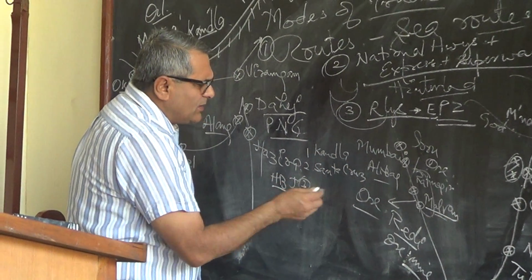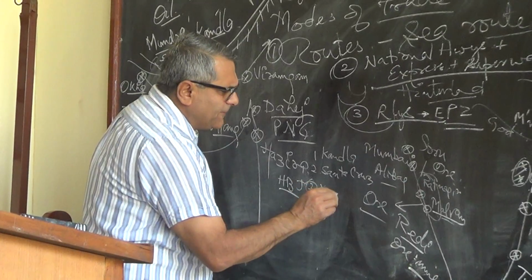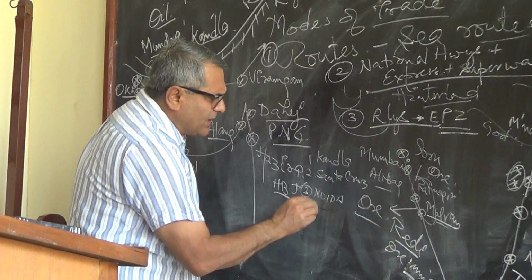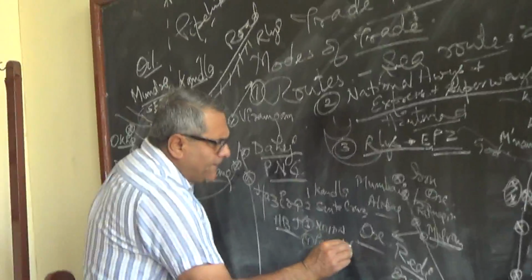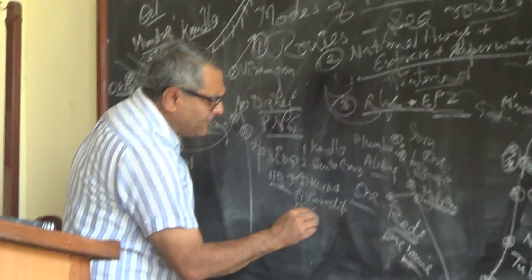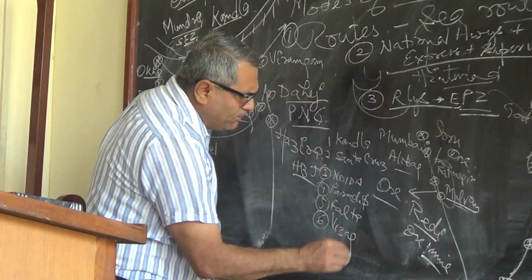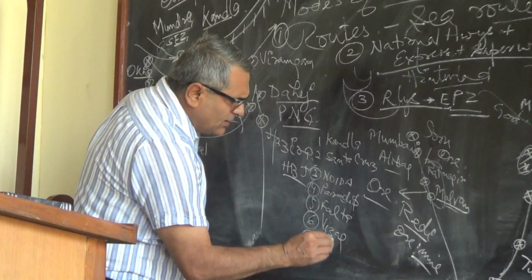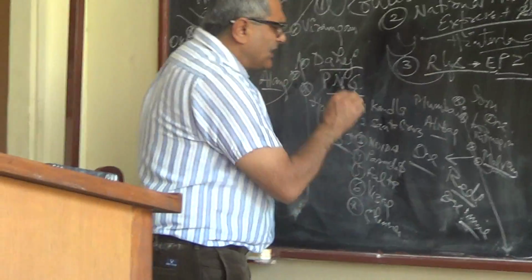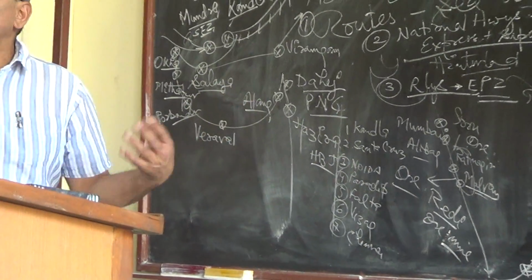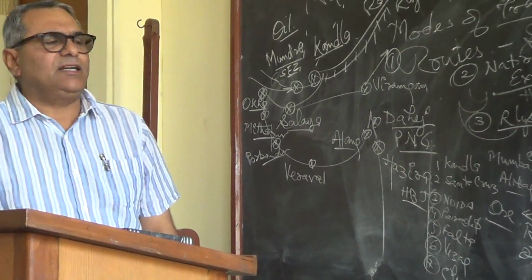Number 3 was Noida in Delhi. Number 4 was Paradip. Number 5 was Falta. Number 6 was Vizag. And number 7 was Chennai. These are the 7 export processing zones, for single window clearance, and it is easy.